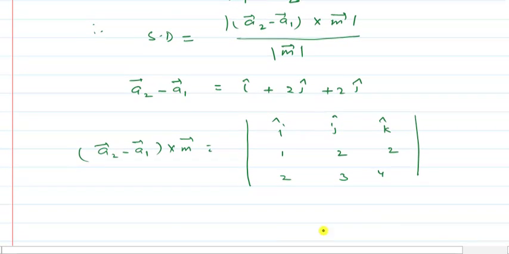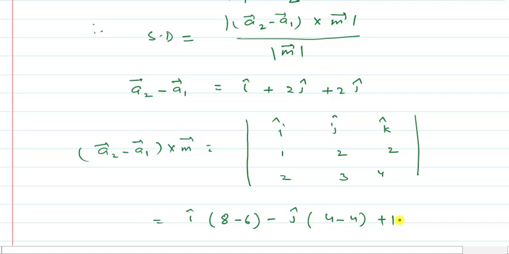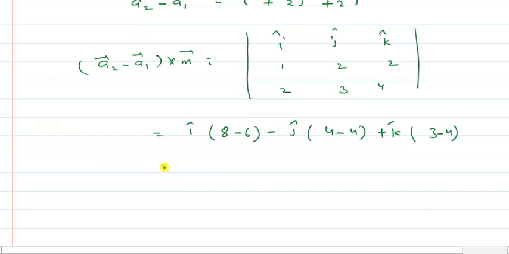Now let us calculate its value, which is equal to i cap into (8 minus 6) minus j cap into (4 minus 4) plus k cap into (3 minus 4). So we are getting 2i cap minus 0j cap minus k cap.